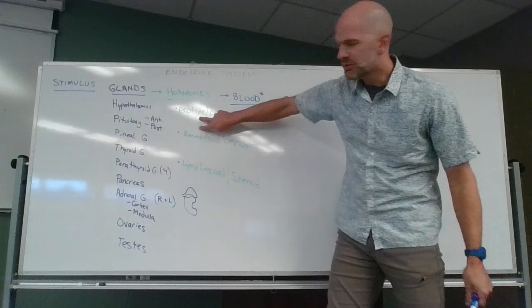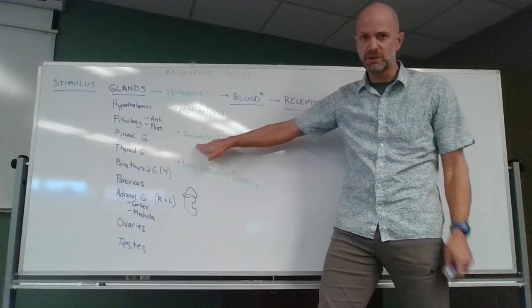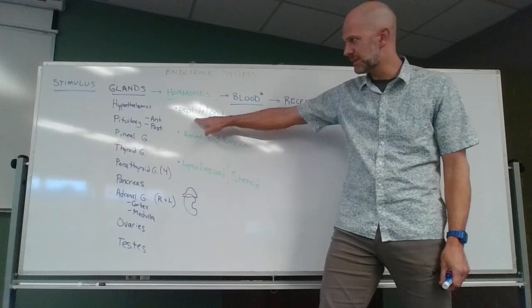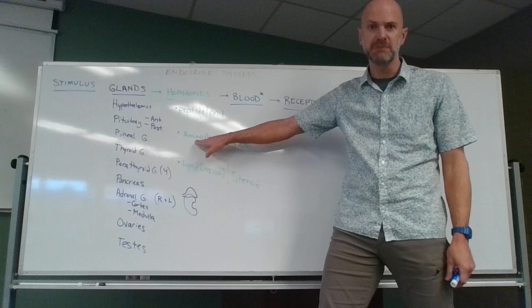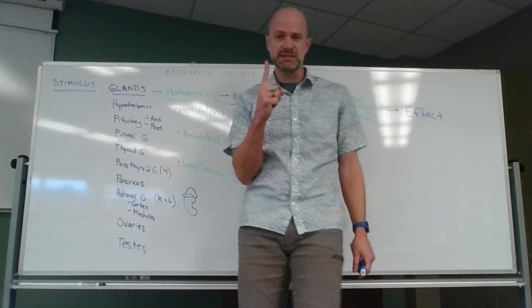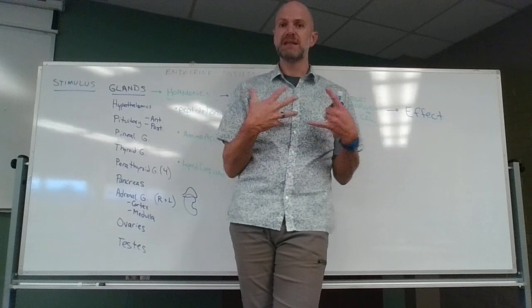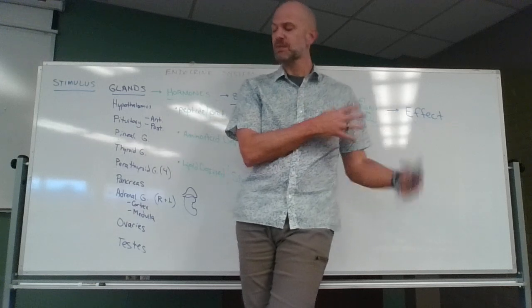Okay, what's the relationship between these two? Okay, between the peptides and the amino acids. Well, if you've taken any biology at all, you know that peptides and proteins are made up of amino acids. So these amino acid derivatives are a single amino acid, or they were an amino acid that has had some functional group added to it, and now it is a hormone. Okay.